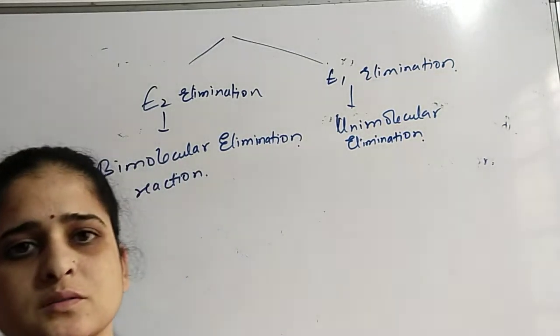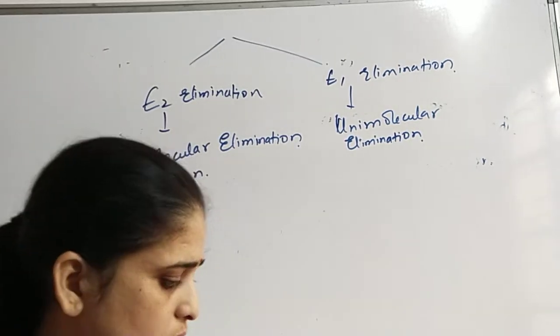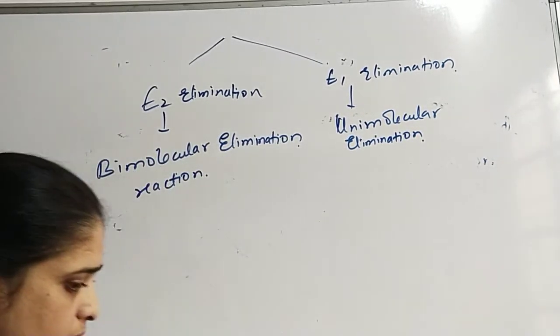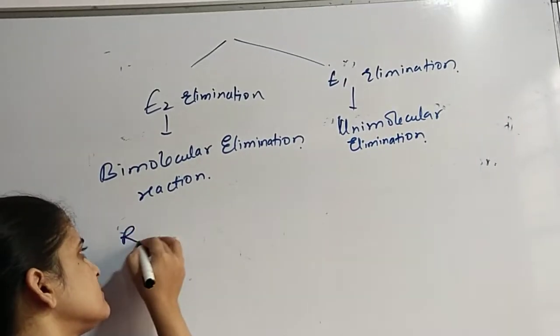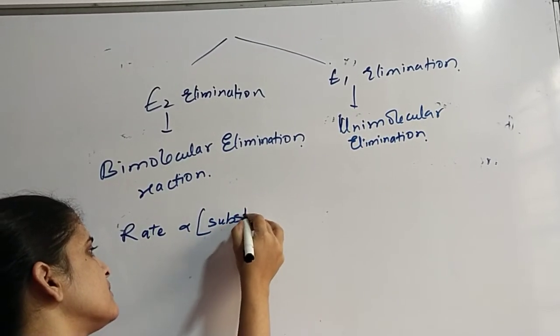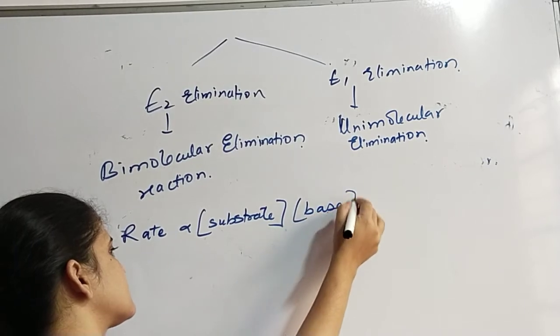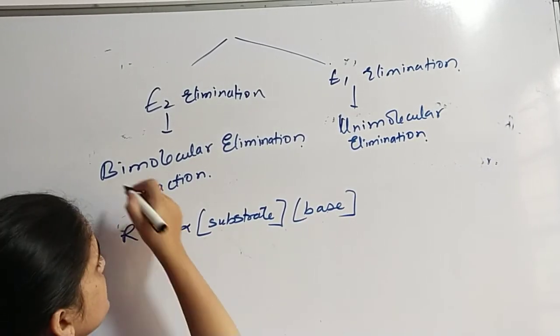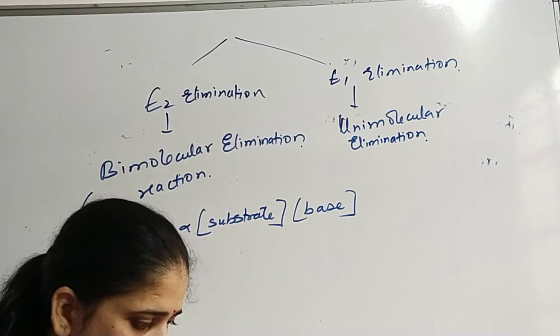How it works, I'll explain in the later part, but right now you should know only this much: the rate of reaction depends upon both your substrate as well as your base. Then it is called a bimolecular reaction.